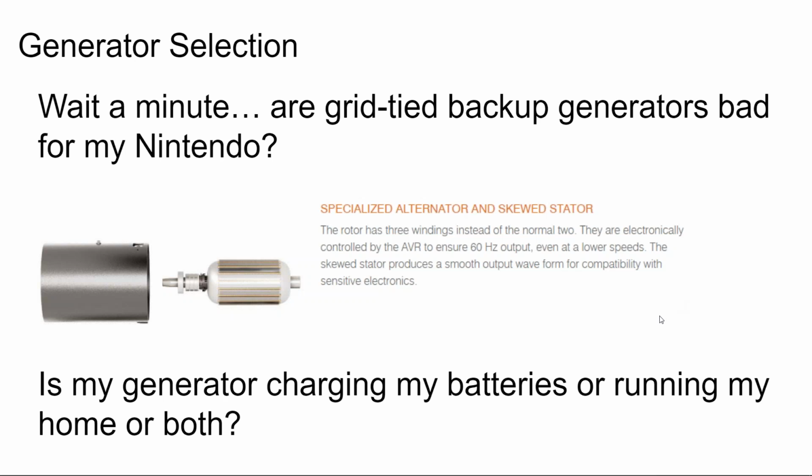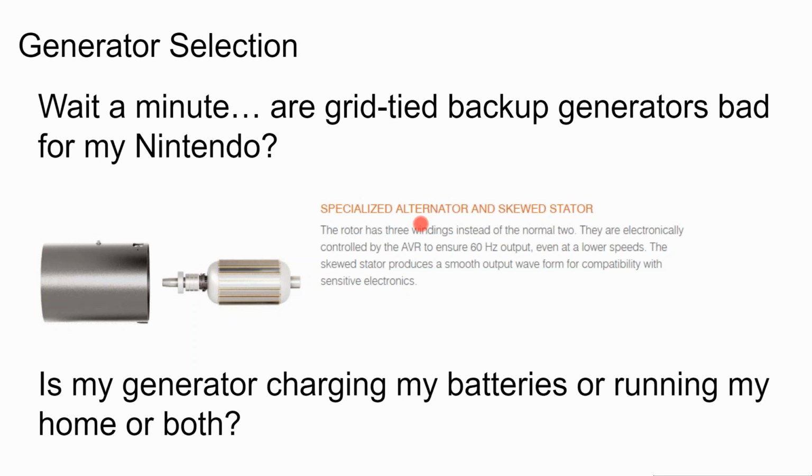The renewable generators have variable speed motors that allow them to operate more efficiently at lower speeds, but mainly it's that they can better guarantee a 60 hertz output. A regular generator will use more gas under higher load and less gas under lower load. It may not provide a clean 60 hertz signal for residential electronics under full-time use.